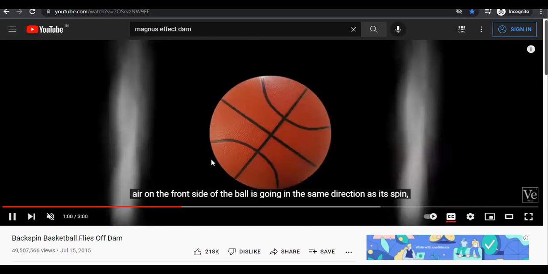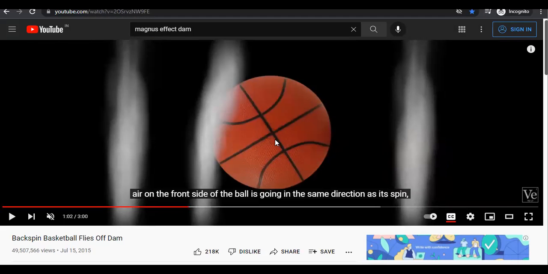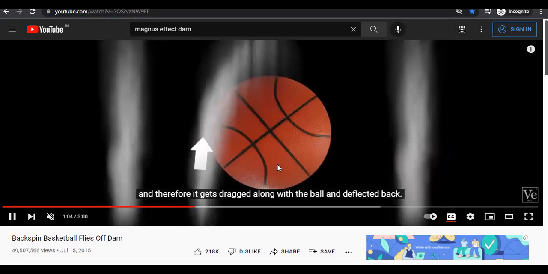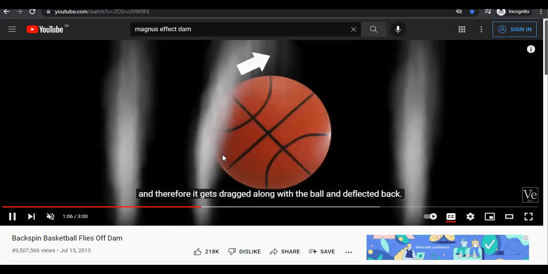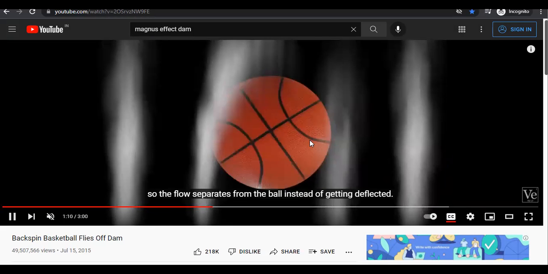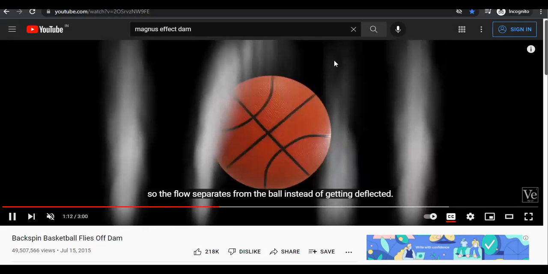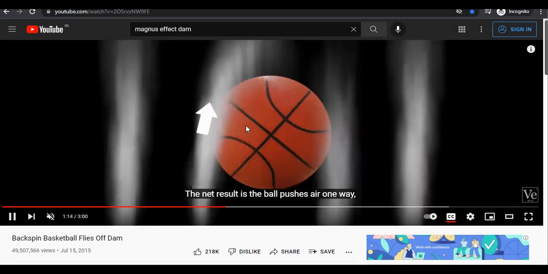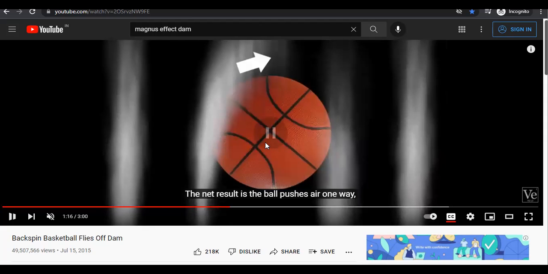An interesting thing here is that the basketball works very well because it has some roughness, a rough surface. Imagine that the ball is falling down and the air is flowing upwards, because when the ball is falling down, the air is actually going in the opposite direction.